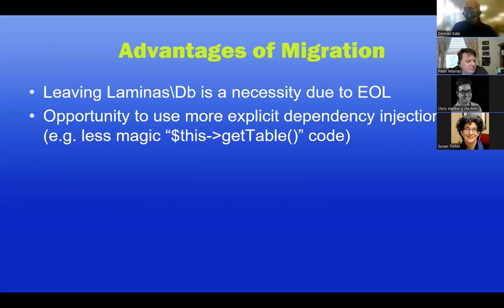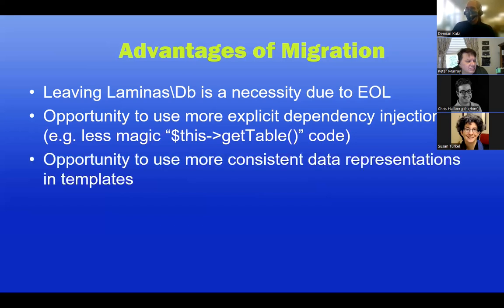Just as one example, all of our controllers inherit a get table method, which they use to get access to table gateways, and it all happens with sort of low-level calls to service managers, and it's just not very explicit. I'm hoping we can move to more dependency injection that makes the relationships between the parts of our code more clear and easier to understand as we're refactoring all of this.